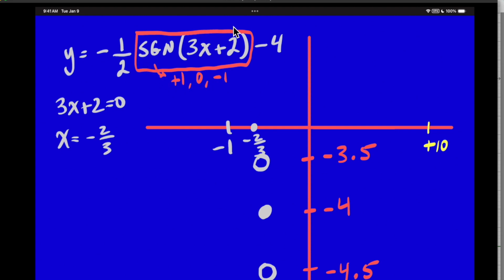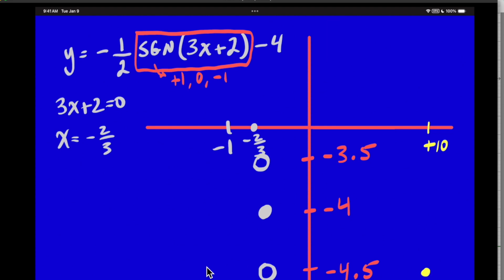Because that's positive, this rectangular box is going to yield a positive 1. So now we're going to have negative 1/2 times plus 1 is negative 0.5, minus 4 is negative 4.5. So that positive 10 is going to have a y value of negative 4.5.